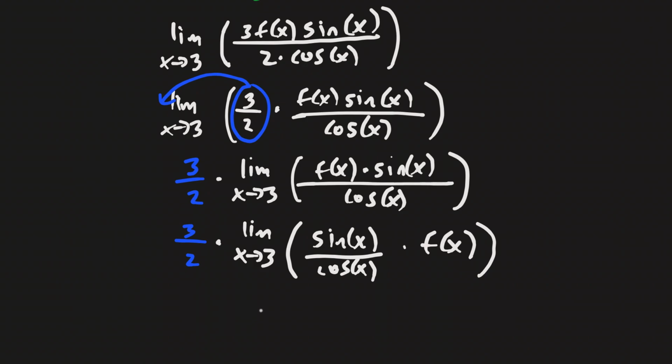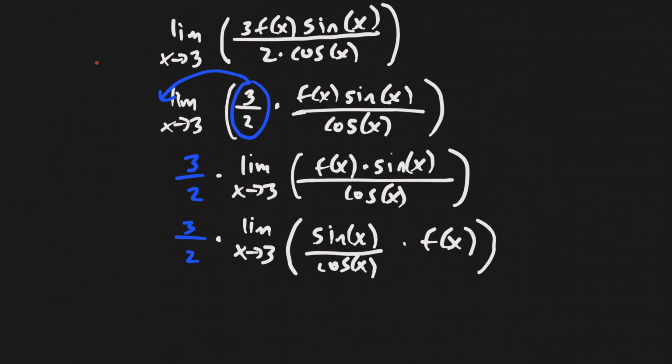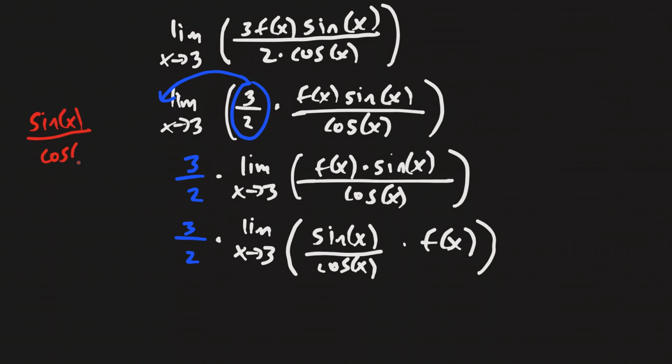So this is going to be equal to sine x over cosine x. What is this? This is kind of an important thing you need to know in order to solve this question, or else it's going to be hard to solve it. Sine of x over cosine of x is going to be equal to tangent of x. This is an important fact that you need to know.